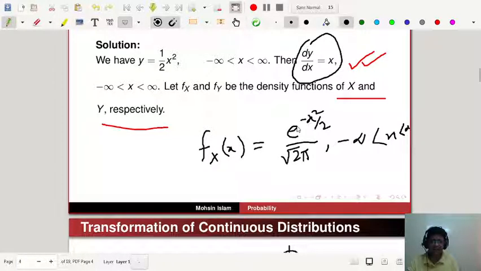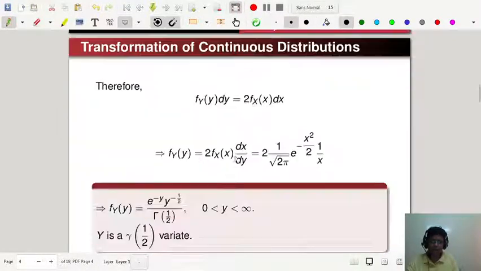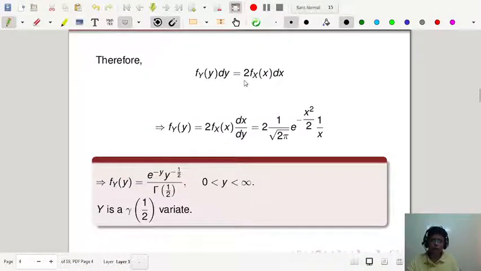This is the PDF of the random variable X. If you substitute f_X, you will have 1 by root over 2 pi e to the power minus x square by 2 into 1 by x.